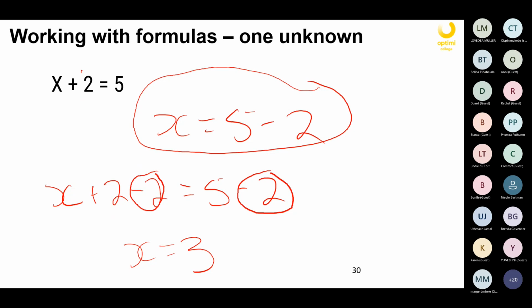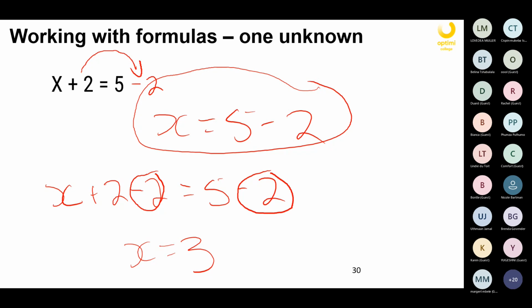So I take it to the right-hand side. But there's a rule. Once that x with a plus crosses the equal sign, the plus changes to a minus. The plus changes to the opposite sign. Remember I said plus and minus is opposites? So the plus changes to a minus.